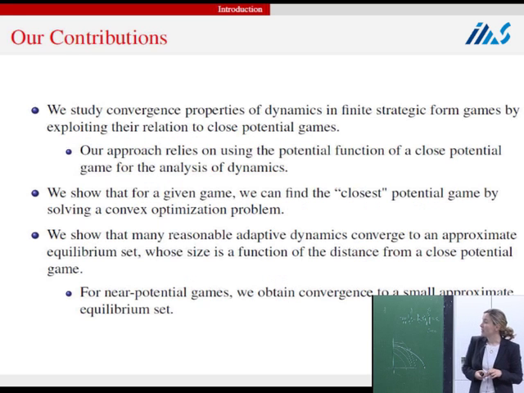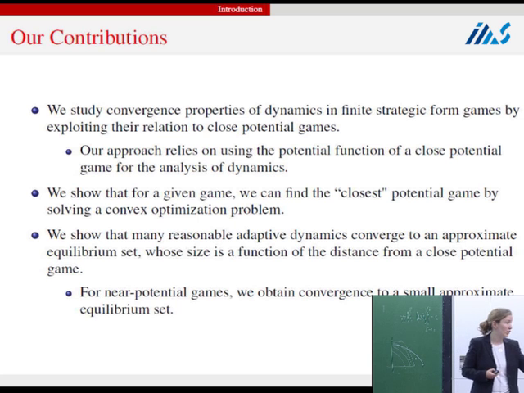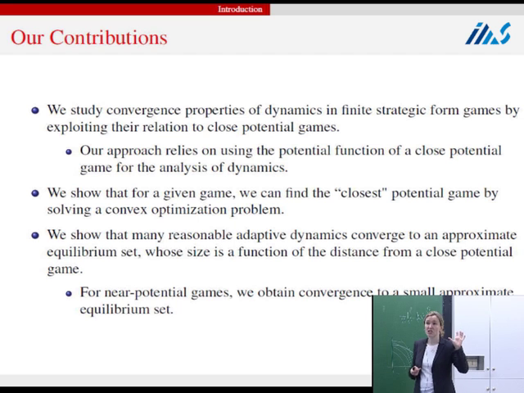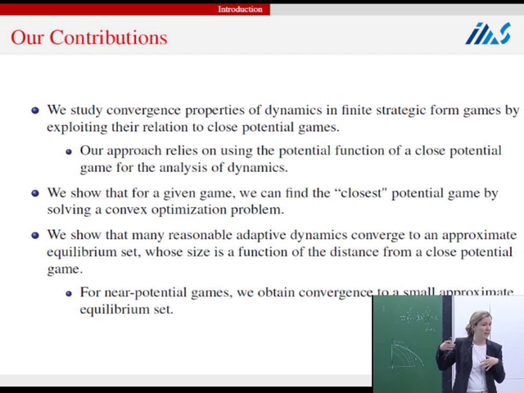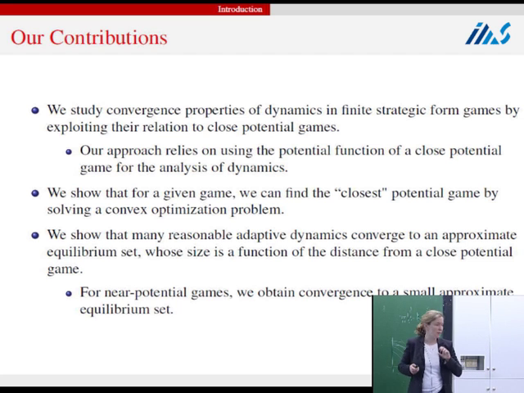Our contributions are as follows. We will study convergence properties of dynamics in general strategic form finite games by exploiting their relation to close potential games. Our approach will rely on using the potential function of the close potential game in the analysis of dynamics. We will show that for a given game, we can find the closest potential game by solving a convex optimization problem, enabling us to give this distance that I told you about.